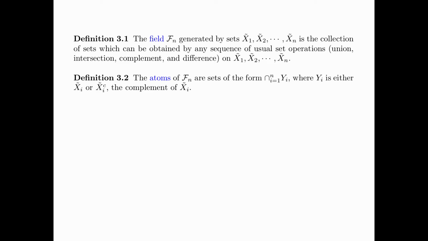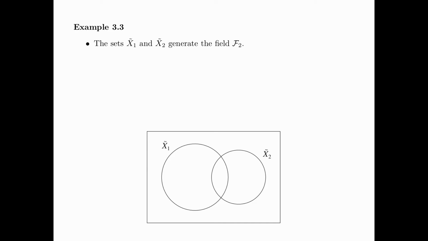The atoms of the field Fn are sets of the form intersection i equals 1 up to n of Yi, where Yi is either Xi tilde or Xi tilde complement. Here is an example for F2, the field generated by the sets X1 tilde and X2 tilde.